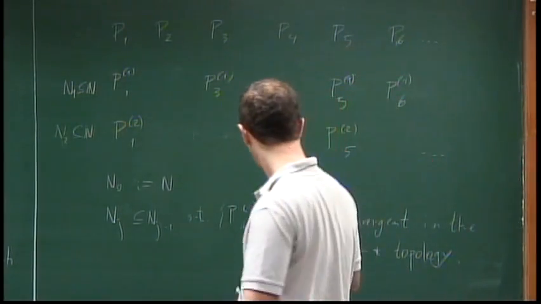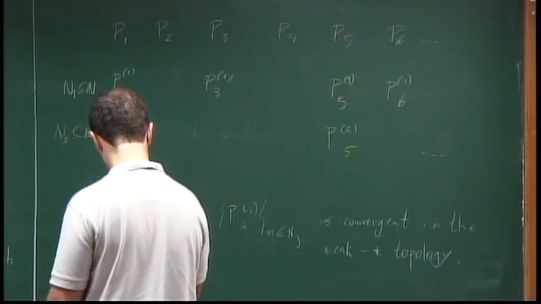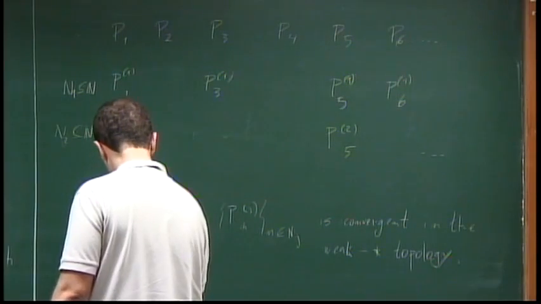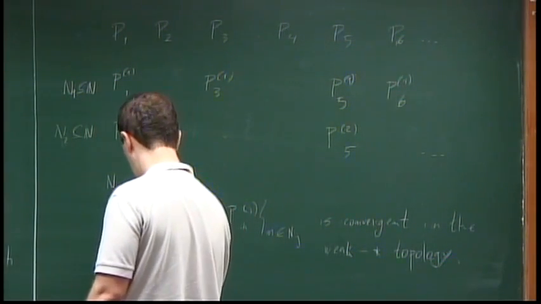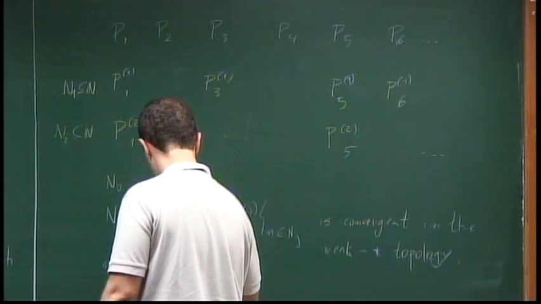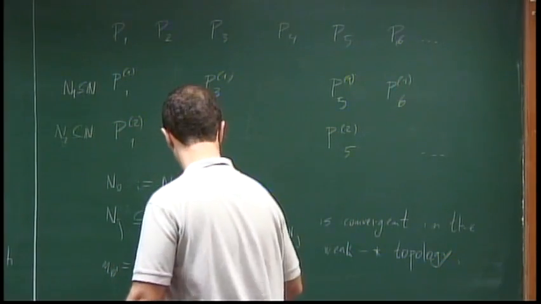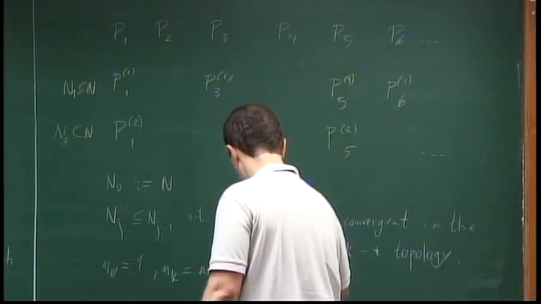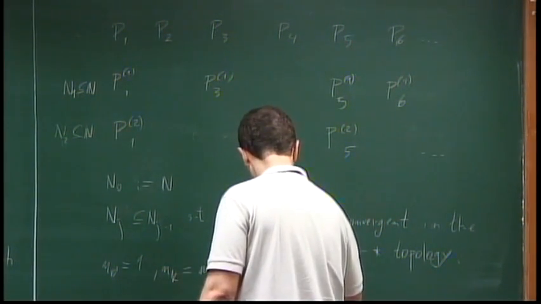And now if you want to do the diagonal trick, the diagonal trick simply consists of saying that nk, well, you define n0 however you want, say equal to 1, and nk to be the minimum, say, of n sub k minus the elements you have defined so far.